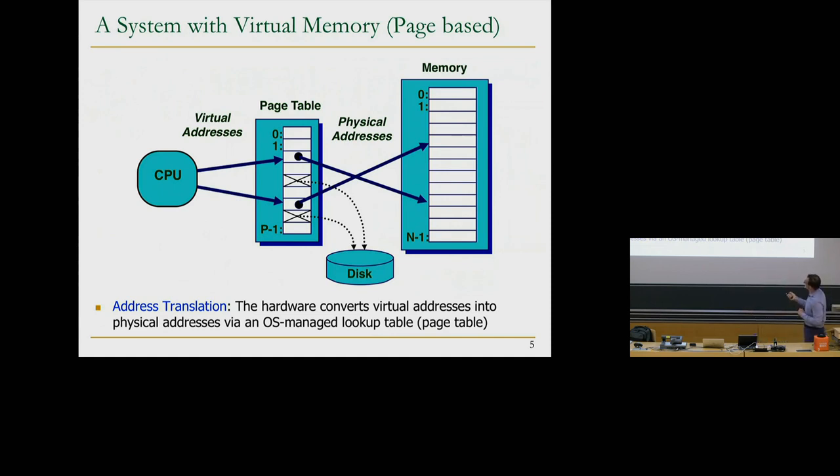For this to work, this is page-based. You divide memory into pages, and the virtual pages get translated to physical frame numbers or physical page numbers. Some of the pages that you address may not be in the physical memory. They may reside on the disk because you haven't touched them for a long time, in which case the system brings the page from the disk into the physical memory and changes the mapping such that the CPU can directly access the physical memory.